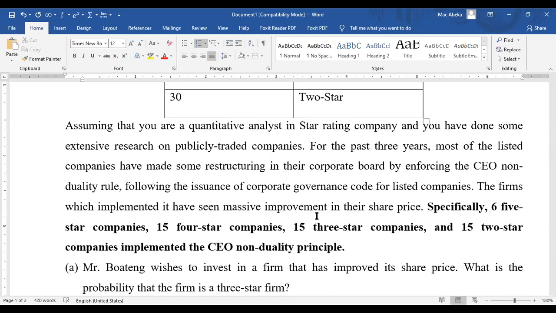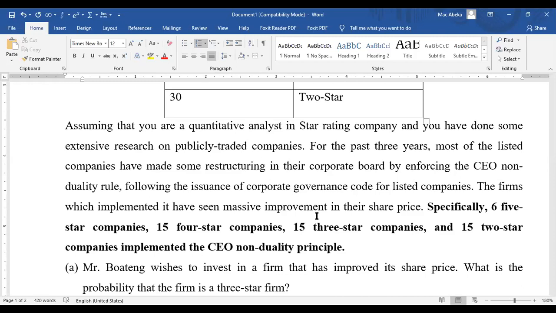Now, essentially, this question is explaining that over the past 3 years, some firms have implemented what we call the CEO non-duality rule, which is essentially a concept in corporate governance that explains that the CEO of a company should not be the same as the board chair of the company.